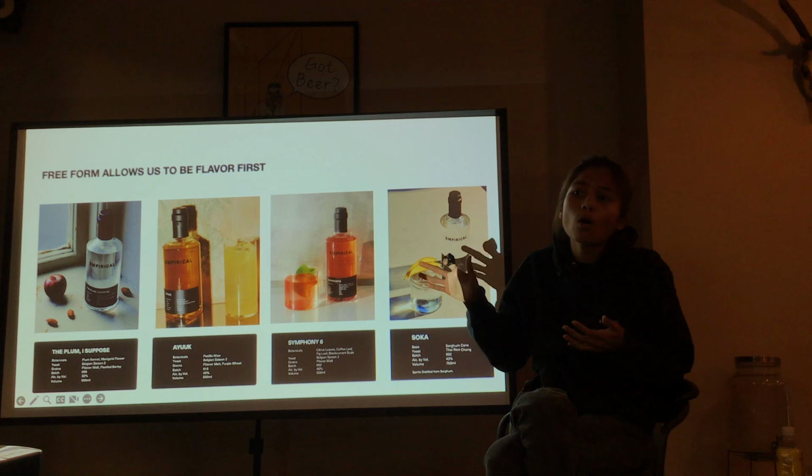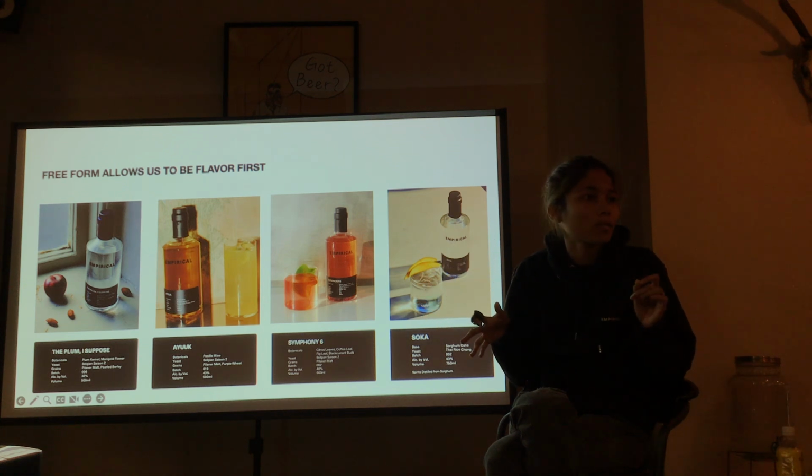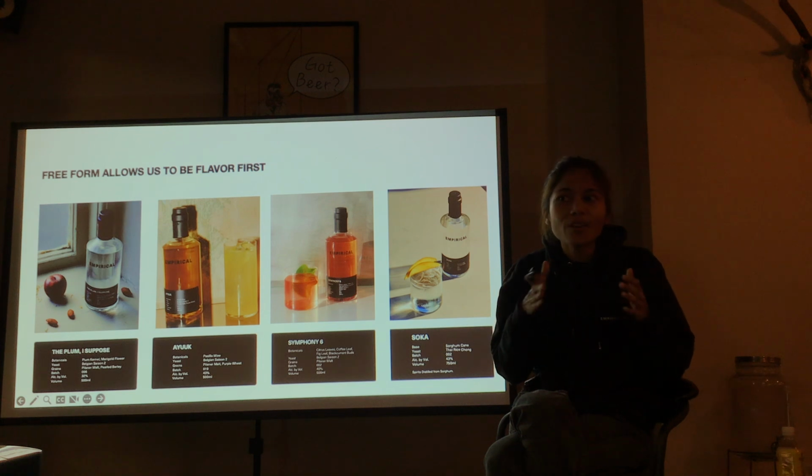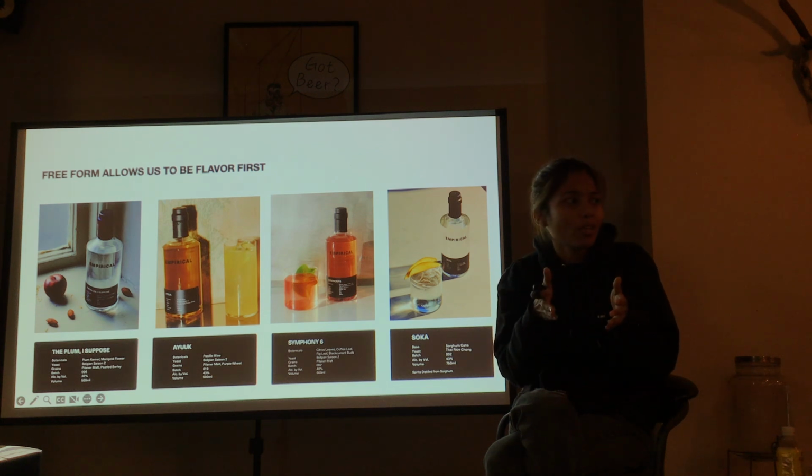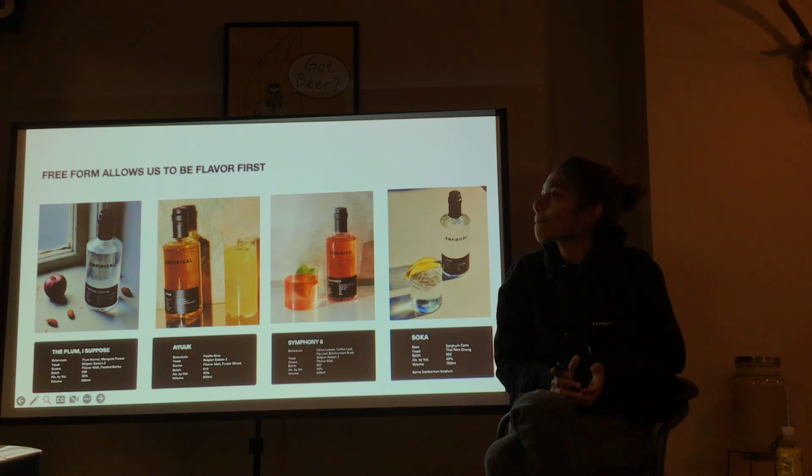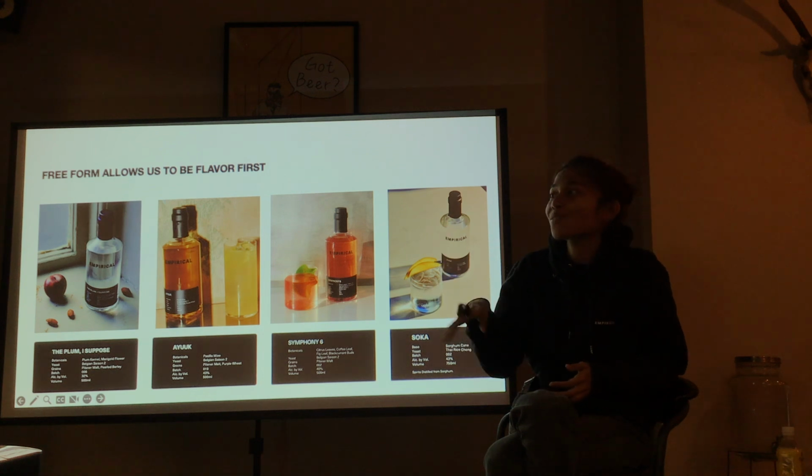Also, all our spirits do not have a fixed alcohol percentage. Everyone just falls into it needs to be 40, but why does it need to be 40? There's no law on alcohol percentage when you say free form, though when you try to be in a category, yes.